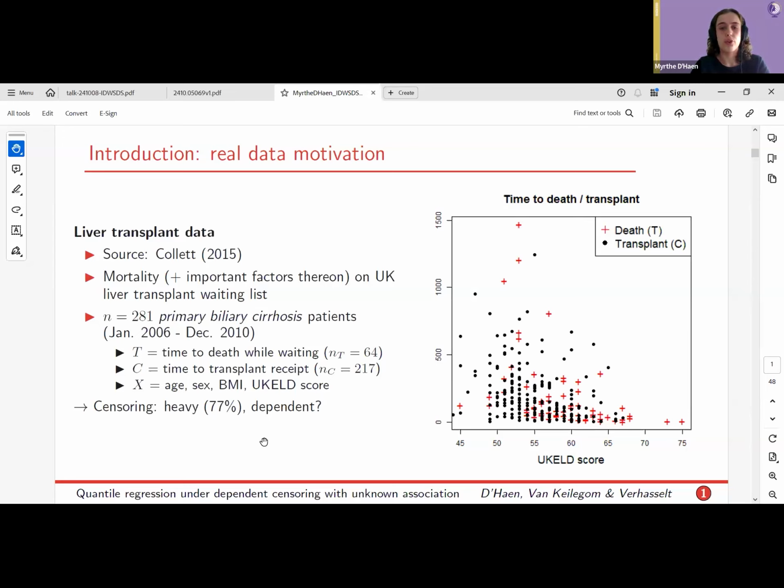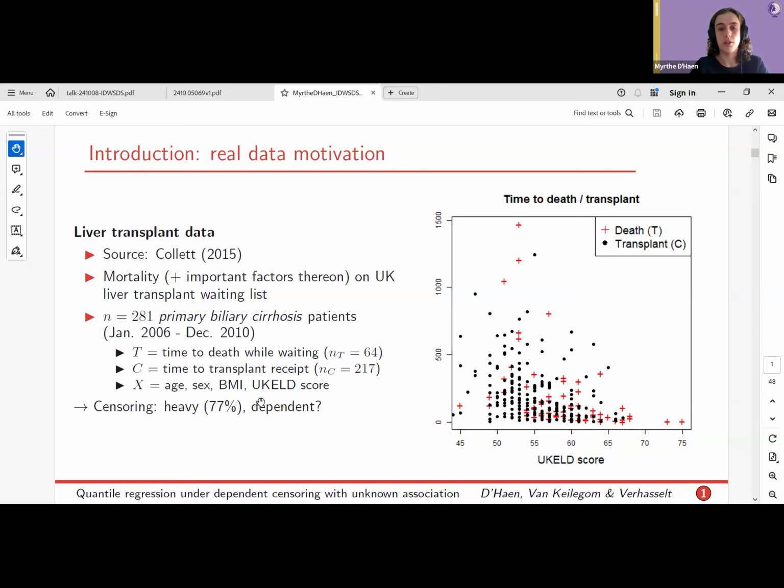But because of a shortage of livers available for transplant, some of them die while waiting for a liver. For them, we have a survival time, but unfortunately, many of them also receive a transplant, which is considered censoring here. And for all the patients, we also have some information available.